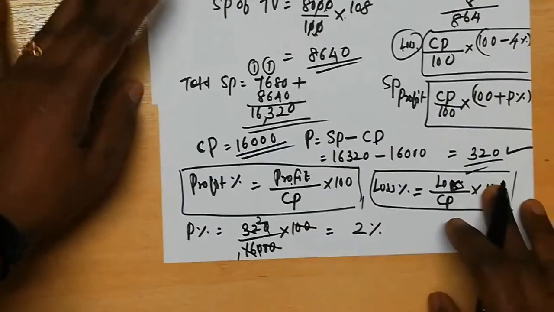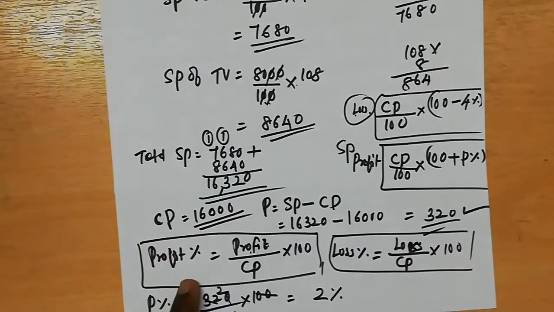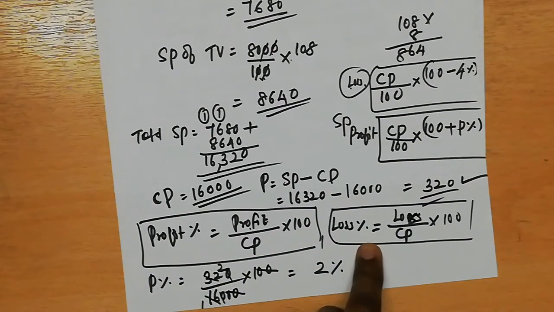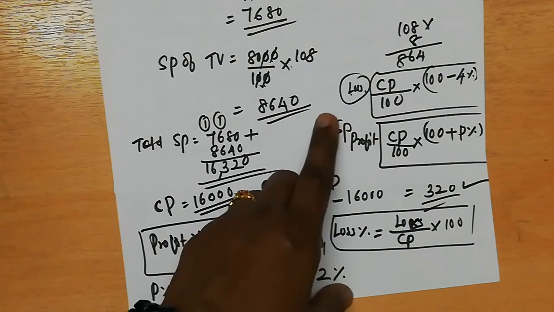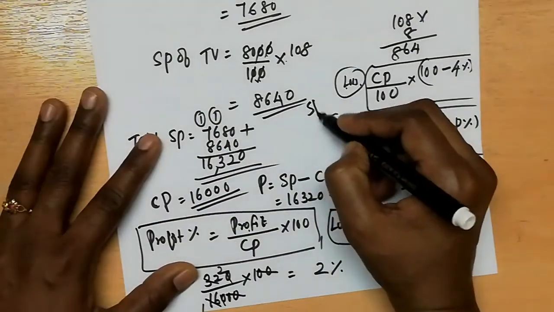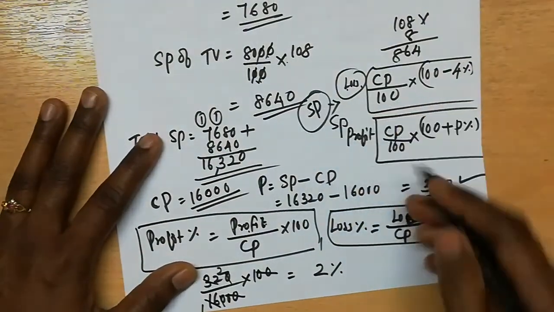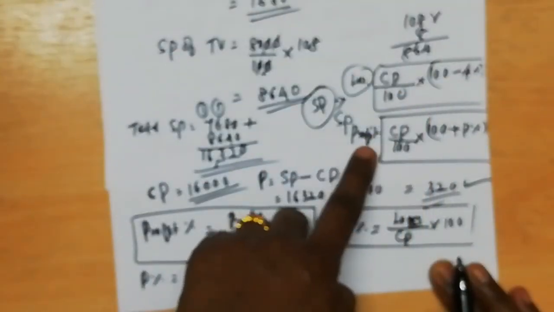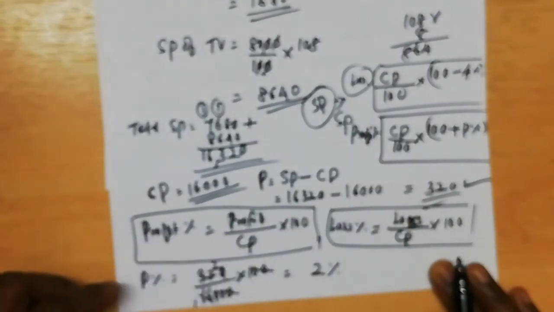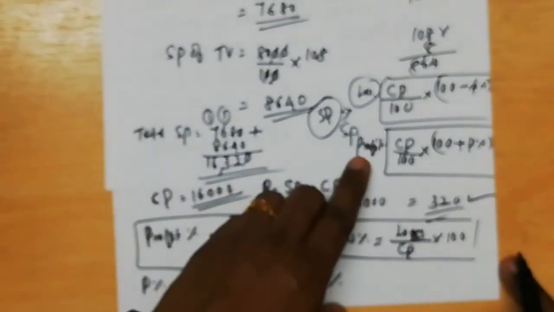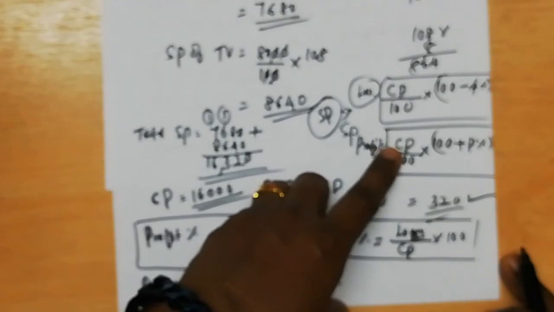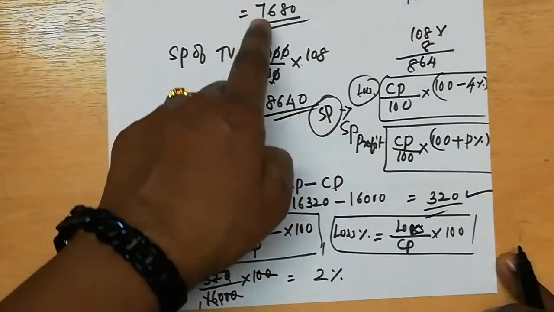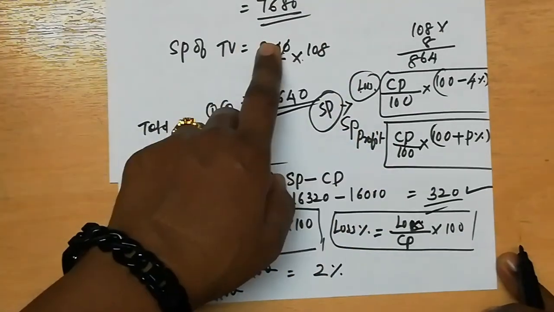Clear? You can learn these two equations by heart: how to find the profit percentage and how to find the loss percentage. And how to calculate the selling price, this is the equation. In the case of loss, you follow this equation. In the case of profit, you follow this equation. Otherwise you will be confused memorizing these equations. You can follow this; both are the same.